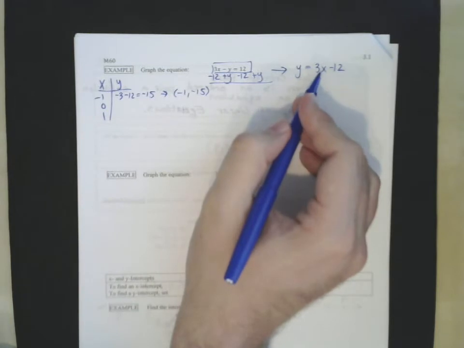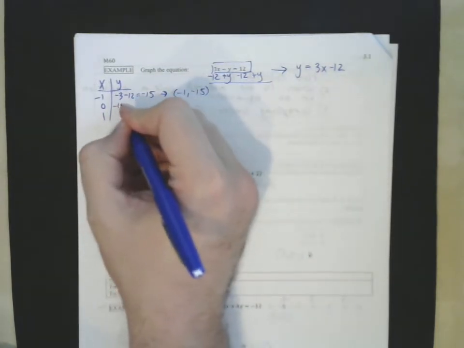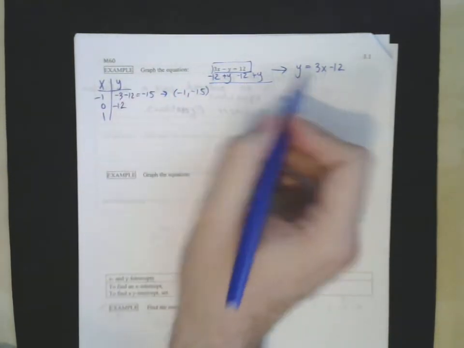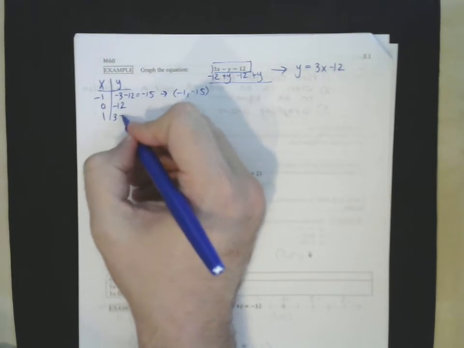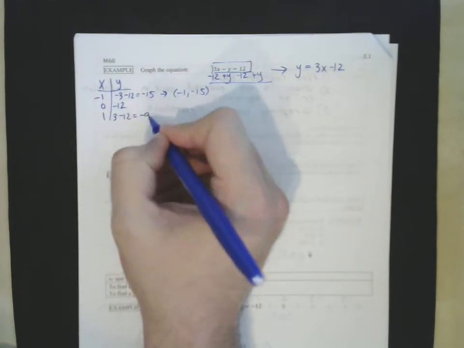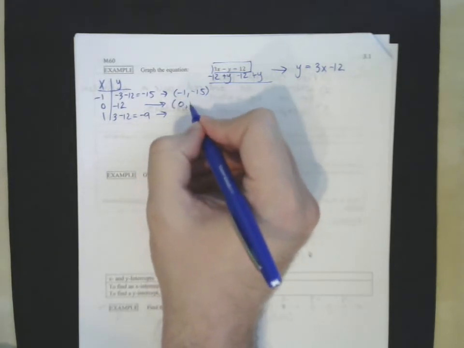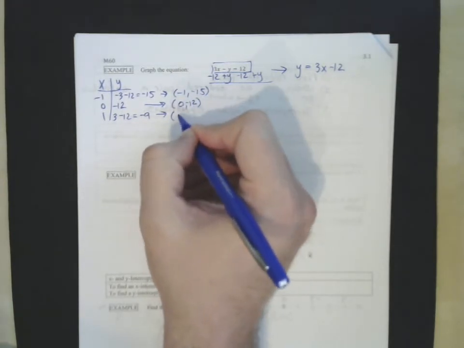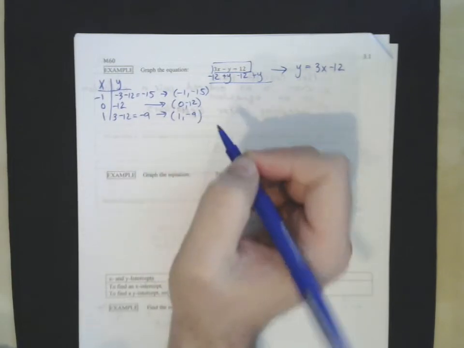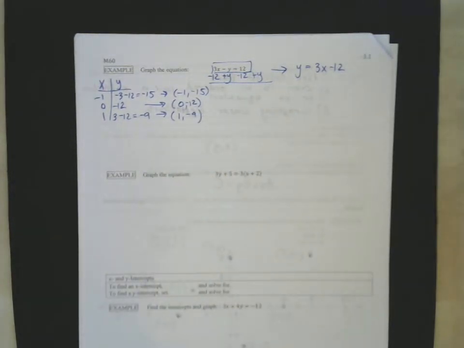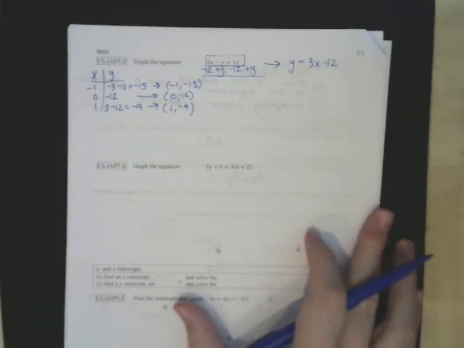When I plug in 0, this term disappears and I just have -12. And when I plug in 1, I have 3 minus 12, which equals -9. So I have 3 points to plot: -1, -15, 0, -12, and 1, -9. So these are the 3 points we're going to make our line out of.